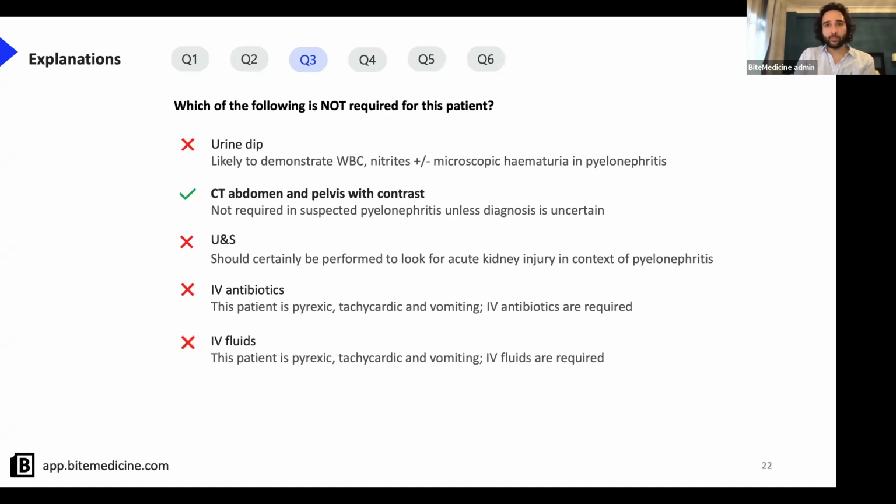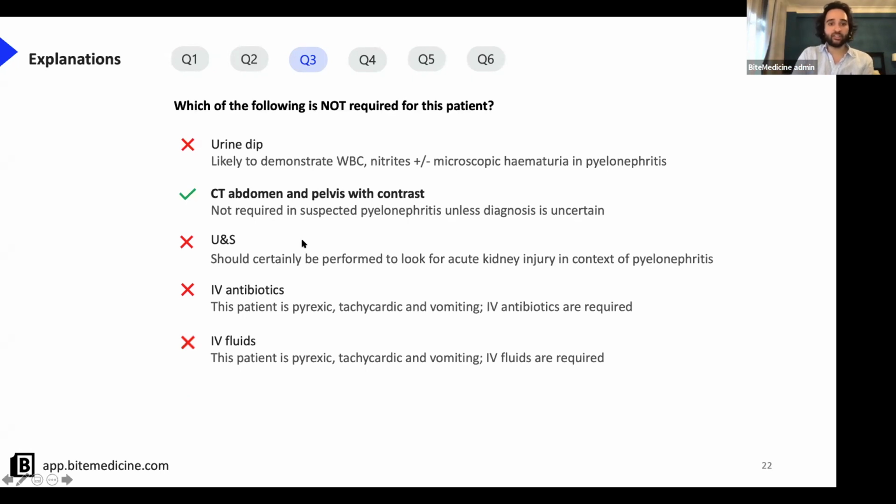But yes, in suspected pyelonephritis, you're not going to need a CT abdomen and pelvis. It's usually going to be a clinical diagnosis. You may consider an ultrasound to see if there's other upper urinary tract abnormalities or potentially an abscess or something else there, but often it's just a clinical diagnosis. These patients are admitted under the medics.